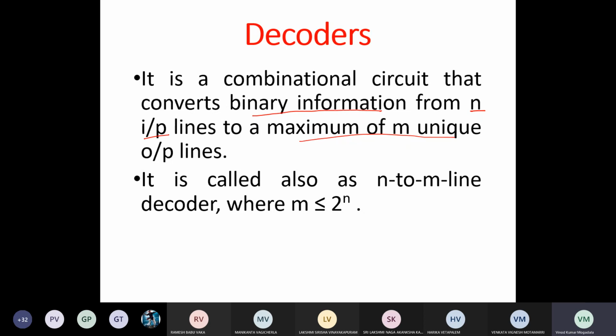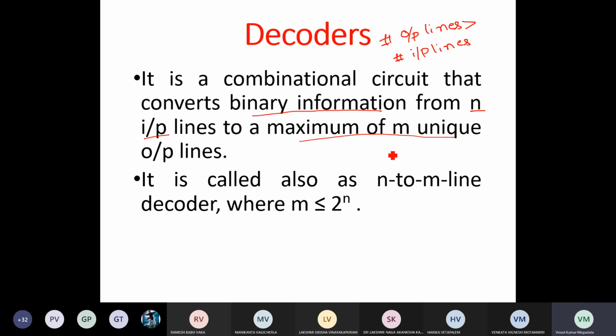So from the name itself, you can see it is decoding. It is decoding whatever information is in the coded form. The number of output lines is always greater than the number of input lines, because the input is in the coded form.